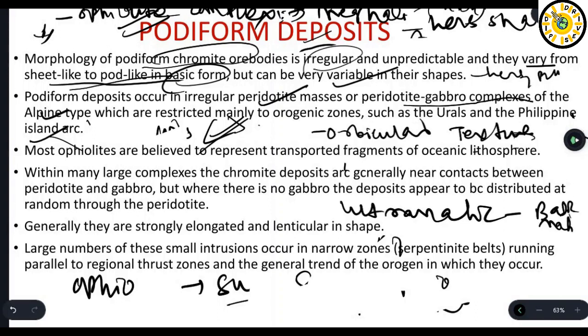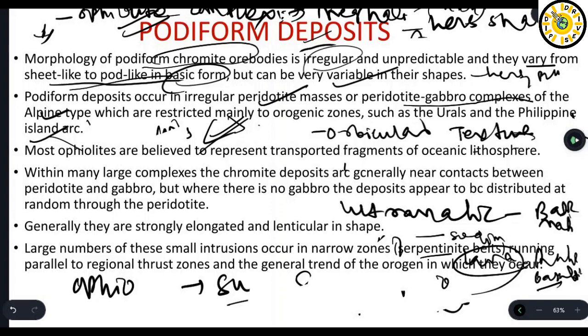What is the sequence in an ophiolite complex? You will get the sediment deposit from the ocean floor, right? Then you will get the lava. Am I right or wrong? Right, sir. So the lava composition is normally mafic, right? You will get normally the basaltic lava, mostly.